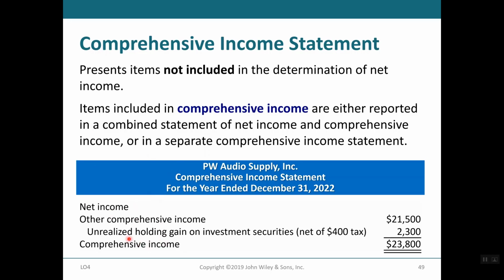We have net income, we have other income: unrealized holding gains on investments, net of 400 tax, and that gives us a comprehensive income of 23,800. This has to do with an investment they have maybe in another company or in an investment security, and that is added to the net income from the previous slide to give us a comprehensive income.